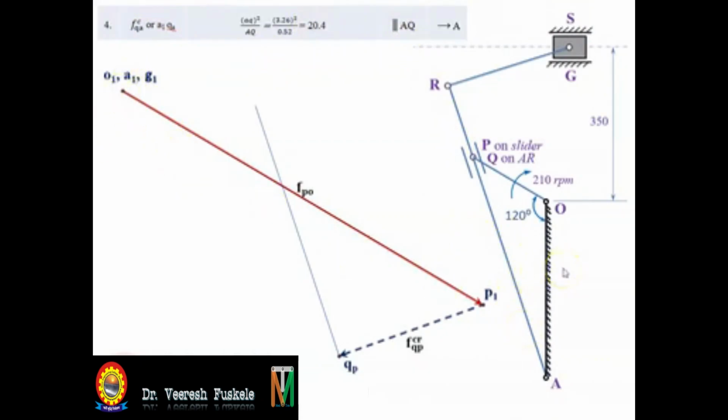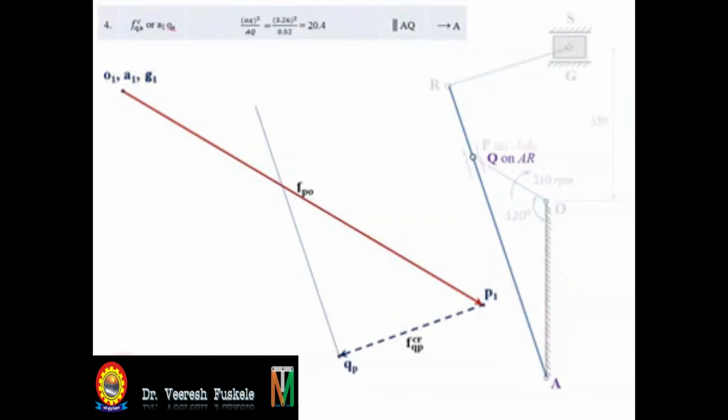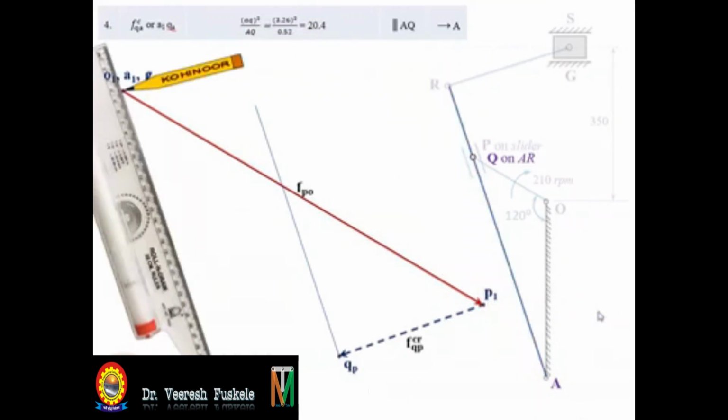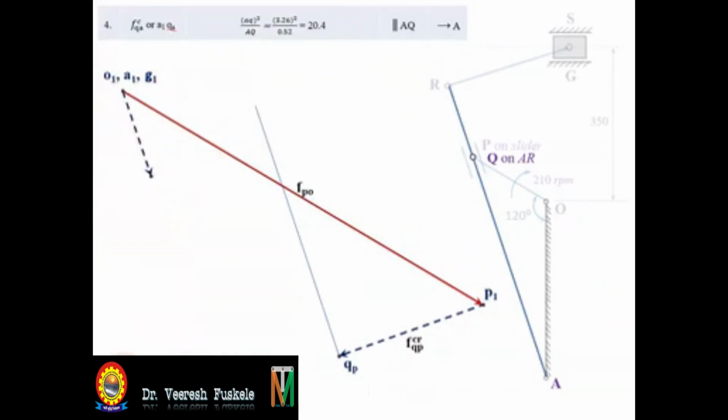So again we'll take up a roller scale, place it on AQ and we'll draw the vector parallel to AQ from A1. The length of the vector will be 20.4 taken to a proper scale. So by this we will obtain the point QA.